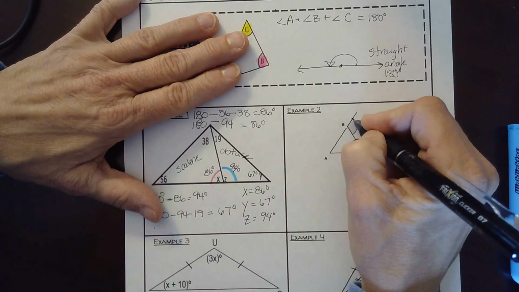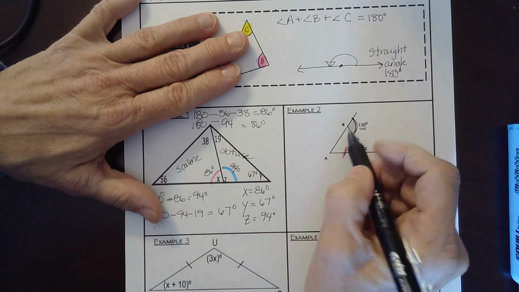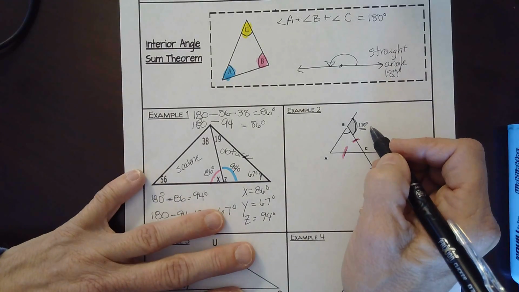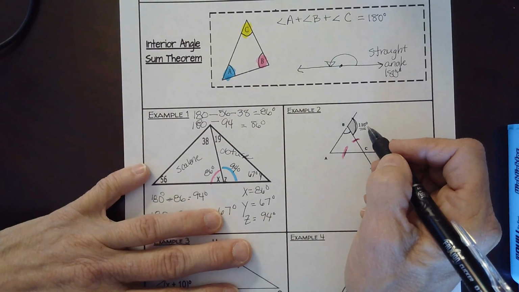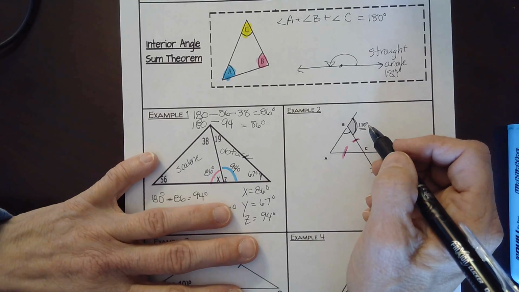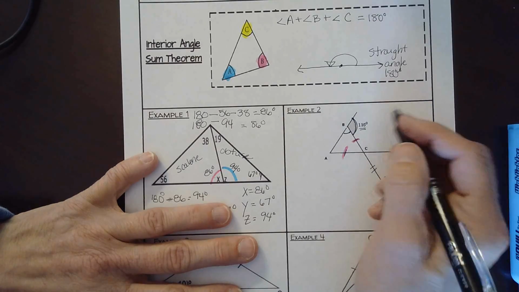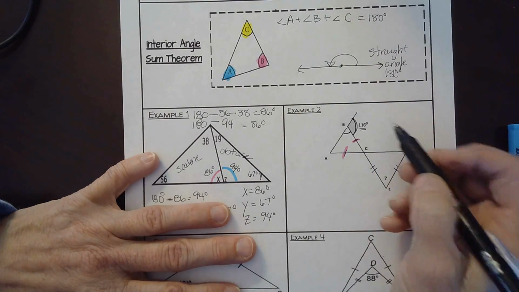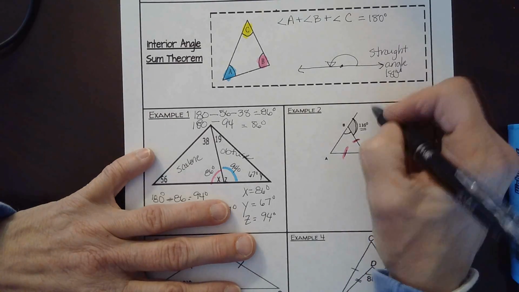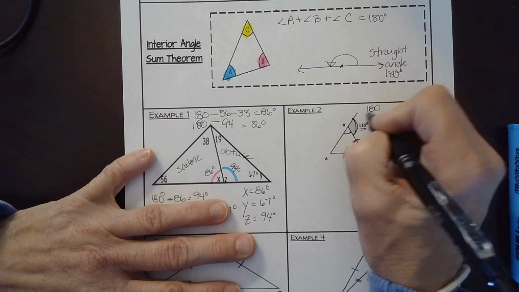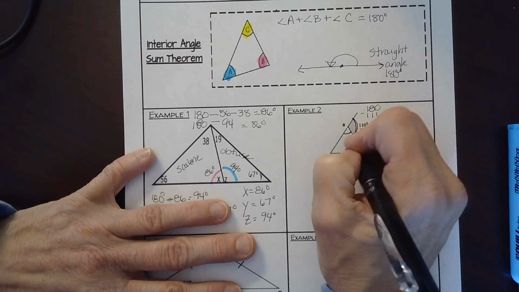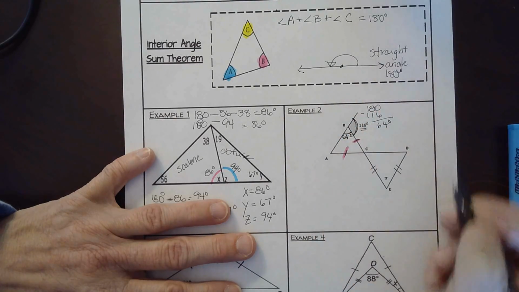If this angle measure is 110, then this angle measure would have to be 180 minus 116. I said 110, I meant 116. I'm sorry. So if I take 180 and subtract 116, that's going to give me 64 degrees. So this angle is 64 degrees.